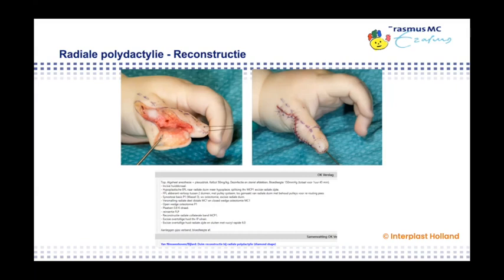So if you don't put in the K-wire, you might have a different healing of your osteotomy, but also the healing of your radial collateral ligament can be disturbed by that force on the ulnar side where the adductor pulls the thumb. So that is one of the tips I would like to give you. And I didn't learn that; I discovered it the hard way, if you understand what I mean.